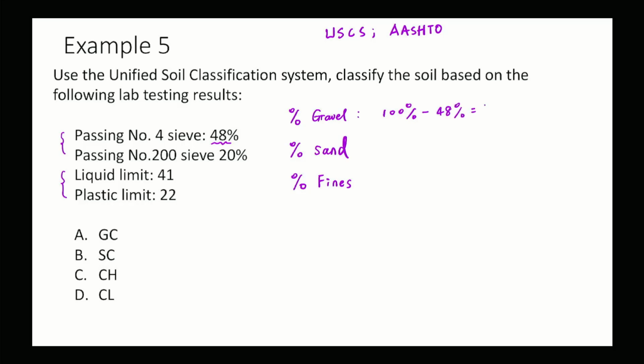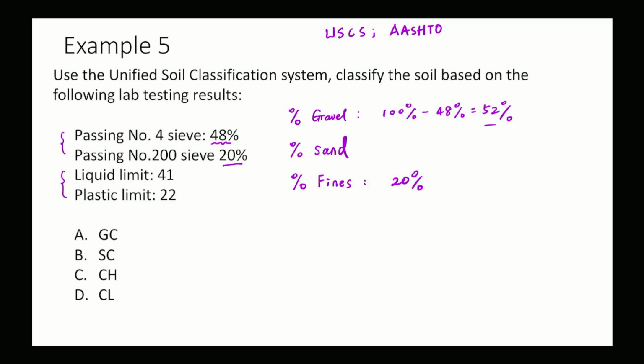So we have 52% of gravel. And we have 20% that is passing number 200. So the percentage of fines is 20%. Anything that is smaller than the opening of number 200 sieve would be classified as fines.